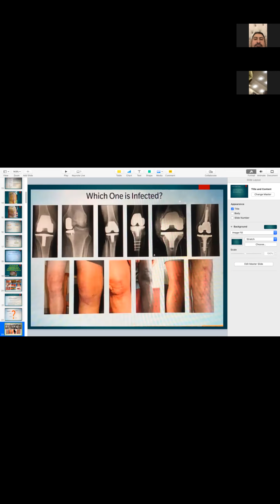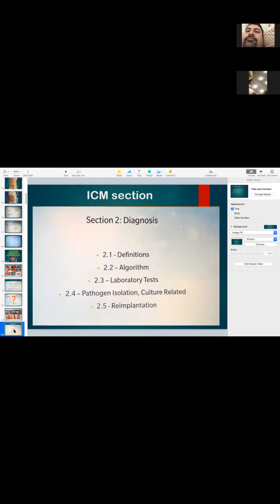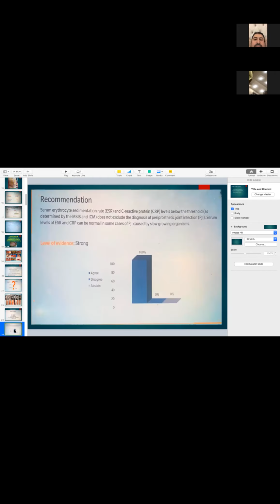I showed you how you can diagnose from just the X-ray and external appearance whether a case is infected or not. And I said all of these cases are infected, but when you go to the subtle details in diagnosis, in the book there is one big section about the diagnosis: the definition, algorithm, laboratory tests, pathology, isolation, and reimplantation.